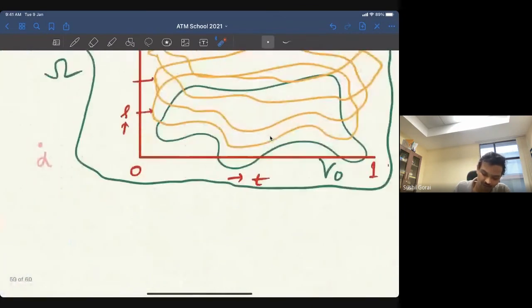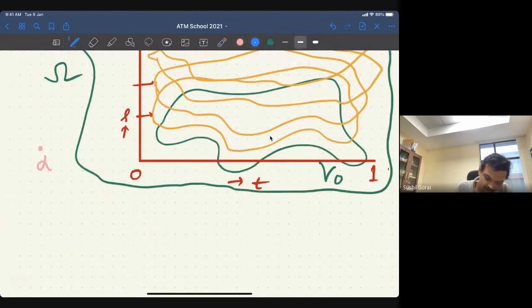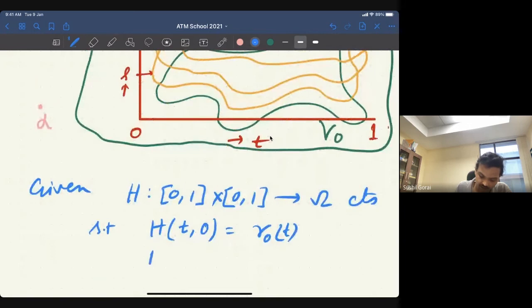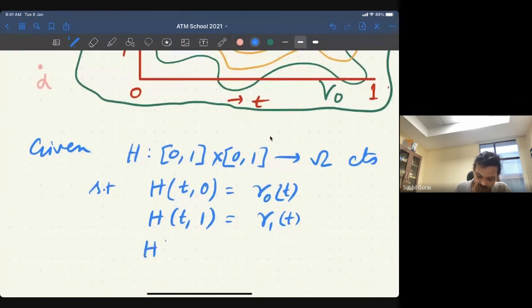So the point is you have H from 0, 1 cross 0, 1 to omega, continuous, such that H of t comma 0 is gamma 0 t, and H of t comma 1 is gamma 1 t, and you have H of 0 comma s equal to H of 1 comma s.